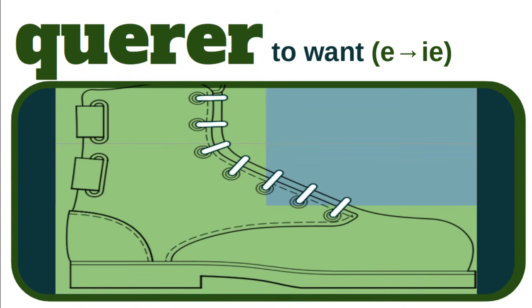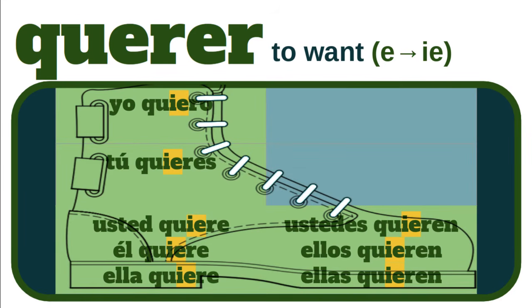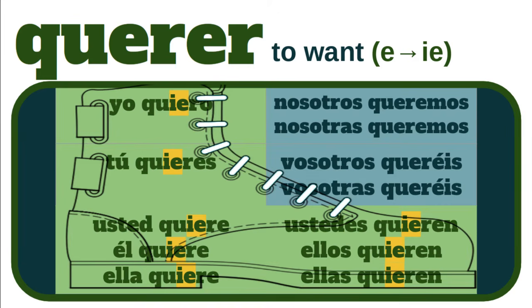This type of verb is sometimes called a boot verb or a shoe verb. And the reason for that is that when we put the verbs in the chart, the forms that have the stem change fall into the shape of the shoe. The forms that do not have the stem change, which are the nosotros and vosotros forms, are outside of the shoe.